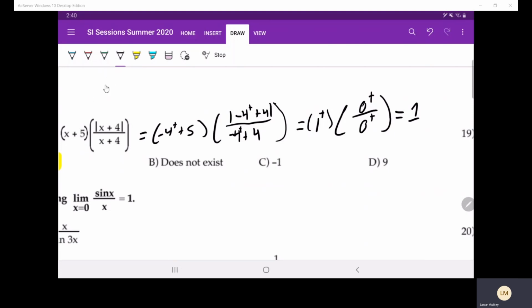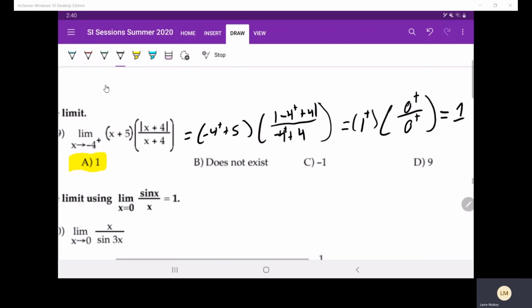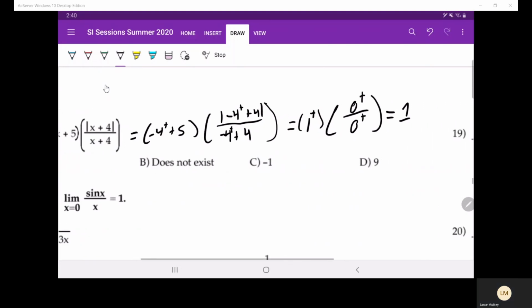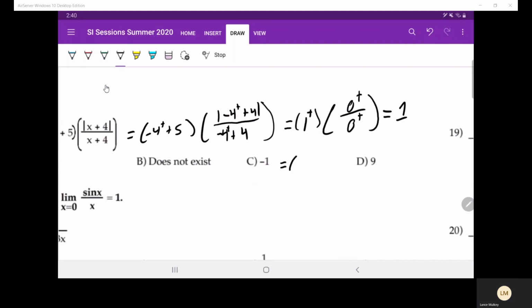So this is the limit as it comes from -4 to the right. So you get 1 plus times this. If it's coming from the left, you'll end up with 1 minus, which is still positive, times 0 plus, because the absolute value, over 0 minus.